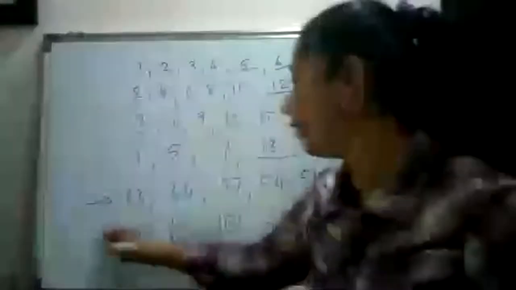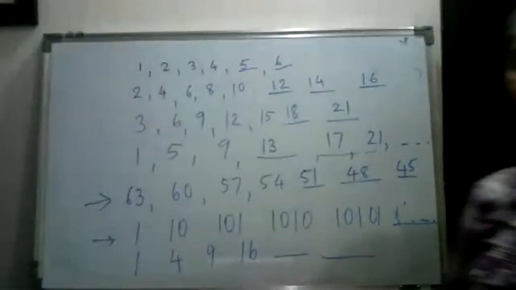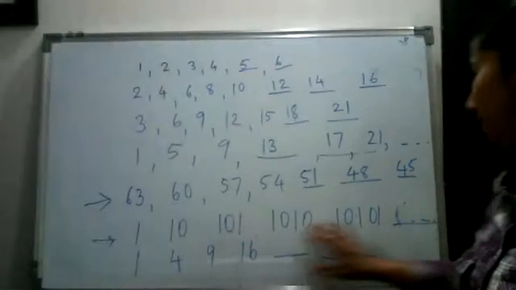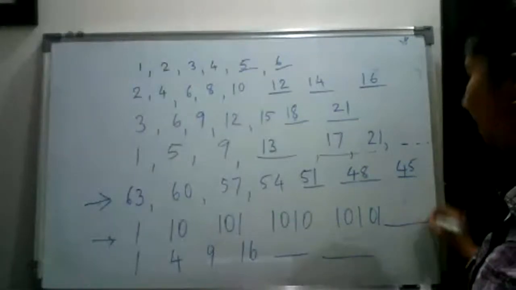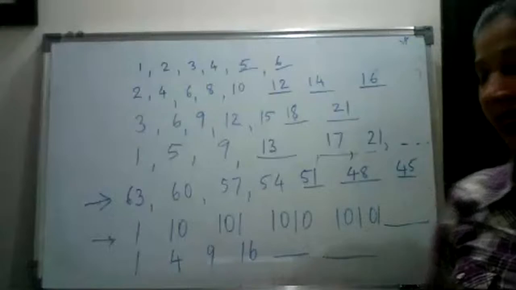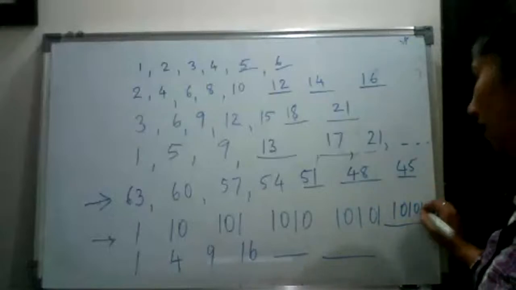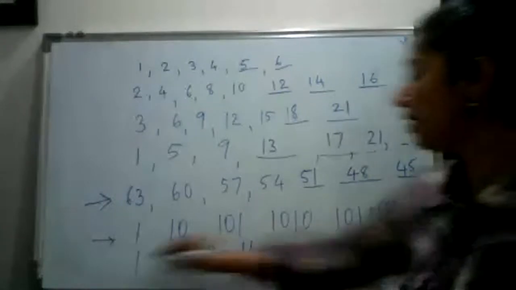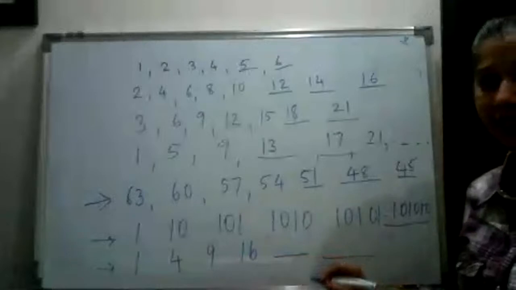Could you guess this one? Yes, you're right: 1, 0, 1, 0, 1, 0. Correct. Could you guess here, everyone? 1, 4, 9, 16. Yeah, you're right.